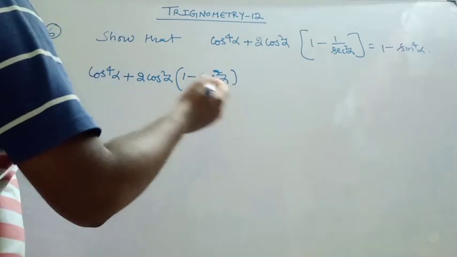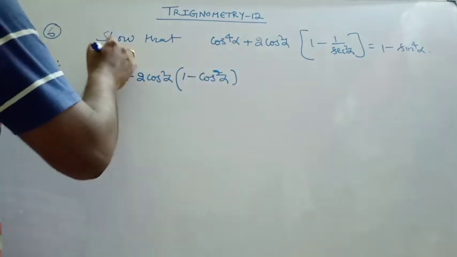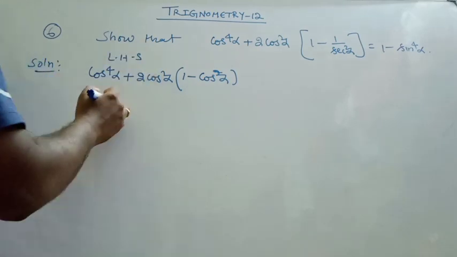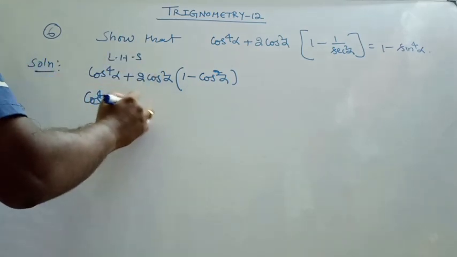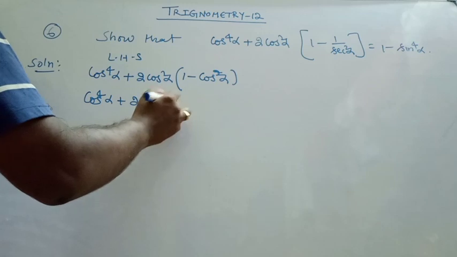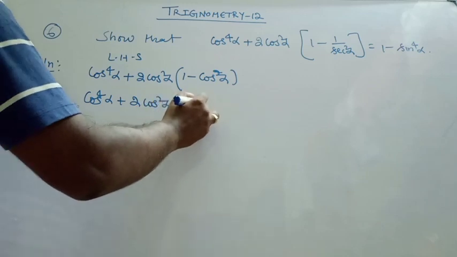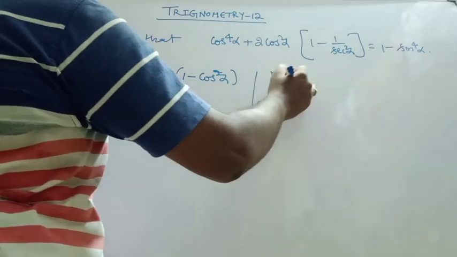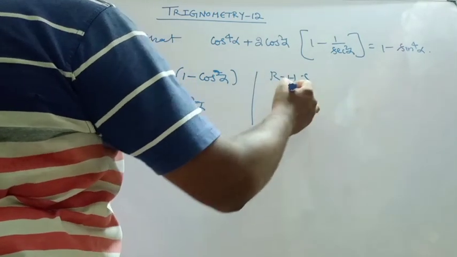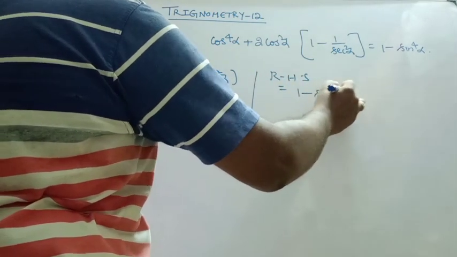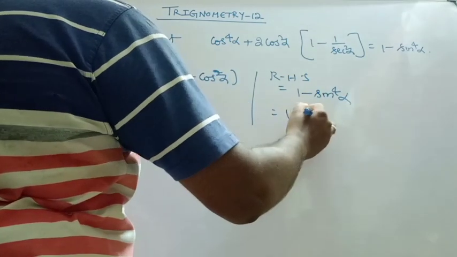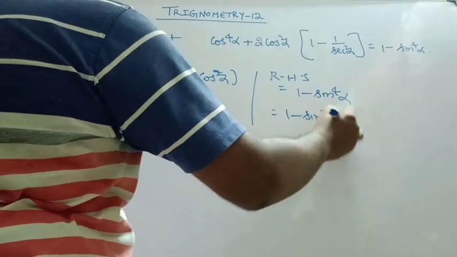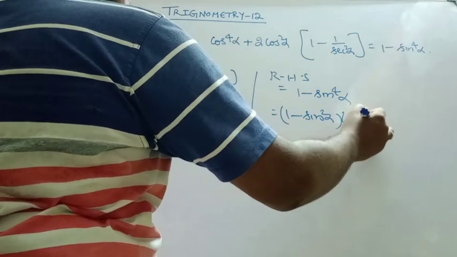1 by secant square alpha is cos square alpha. Now the left hand side you have got is cos power 4 alpha plus 2 cos square alpha into sin square alpha, right? Fine. And for the right hand side, you take 1 minus sin power 4 alpha. That means this is 1 minus sin square alpha into 1 plus sin square alpha.